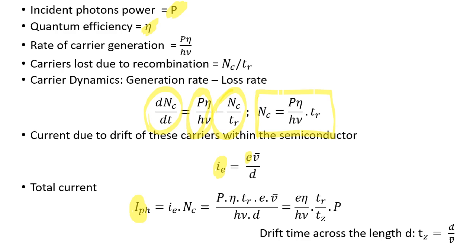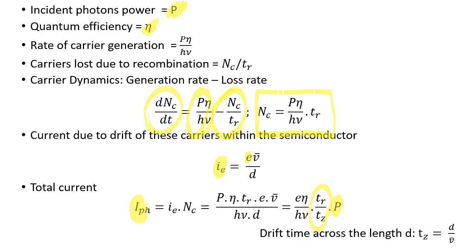and you will clearly see the similar form that we got earlier. We have the power, we have e, or q, by h nu, as we had described earlier. Eta is the quantum efficiency, and there is this fraction of T_r over T_z, which is very important to realize. This is precisely what I was mentioning. It is two time scales.